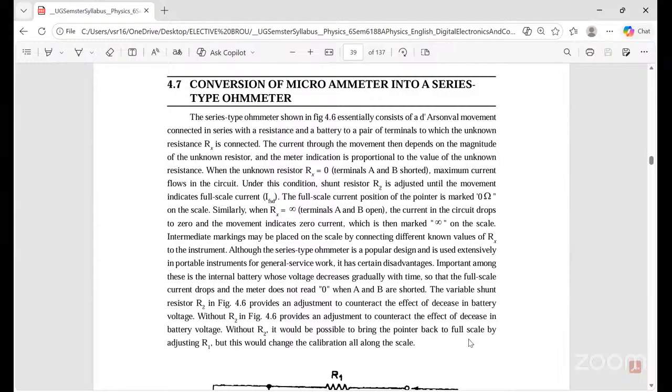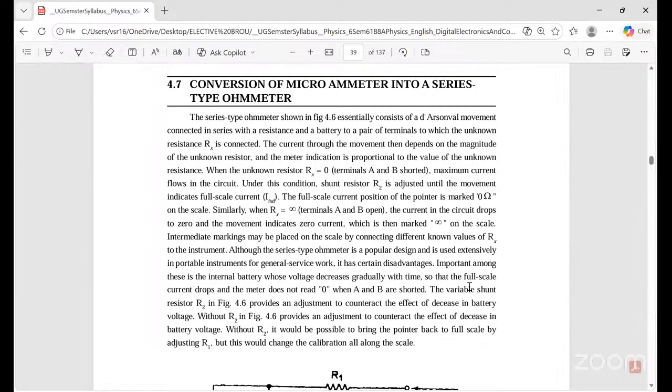That is, if Rx between the terminals A and B is 0, the maximum current flows through it, and the shunt resistor R2 is adjusted until the movement indicates full scale current IFS. That is 0 ohms.